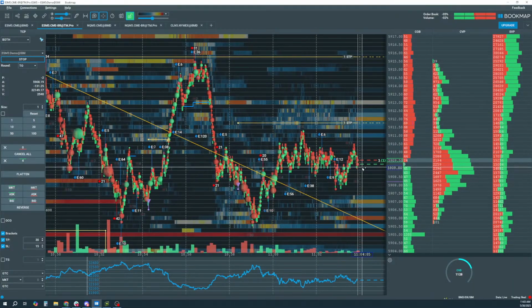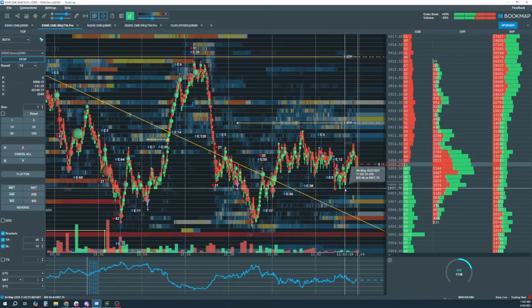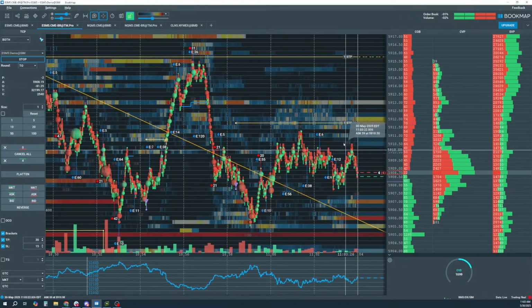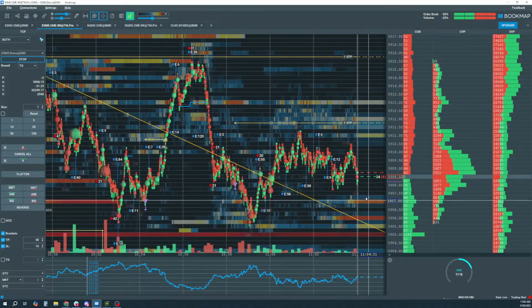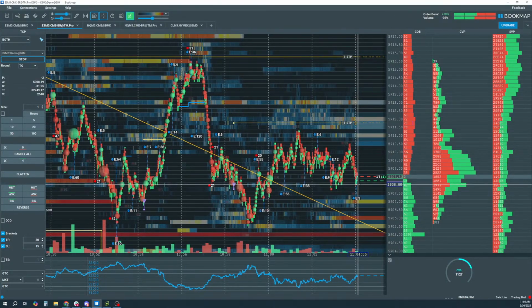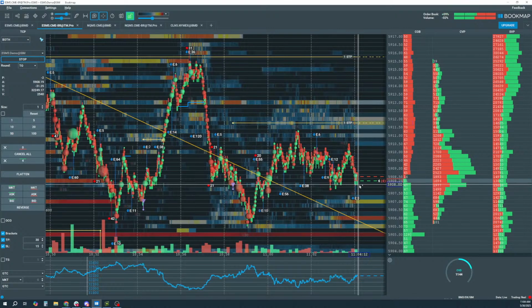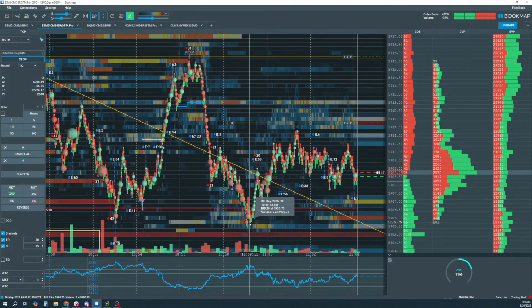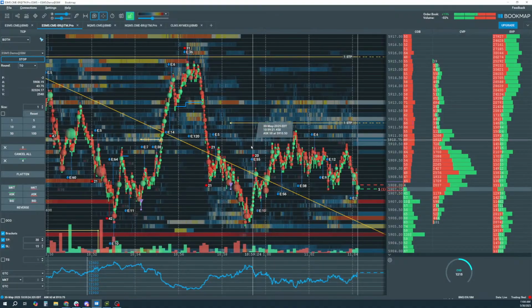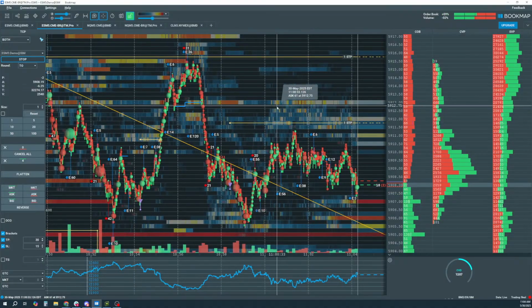And now let's see if we can get sellers again. Back down to here, back down to this 008 or so. Okay, now let's see if sellers can, we get price discovery here, and just down to this swing, or this liquidity down here around 005, 06.